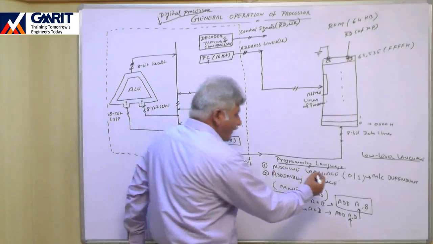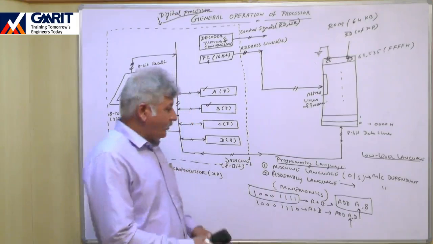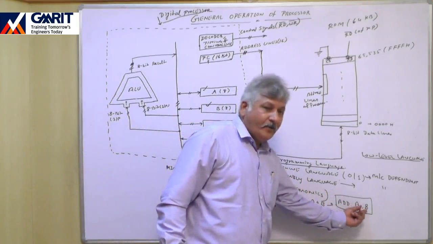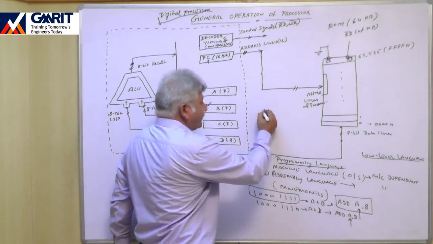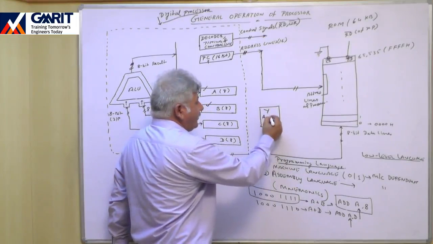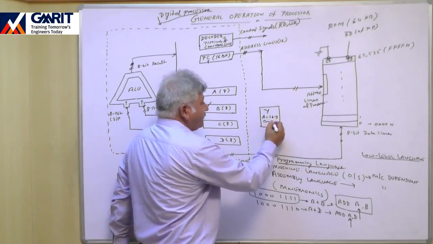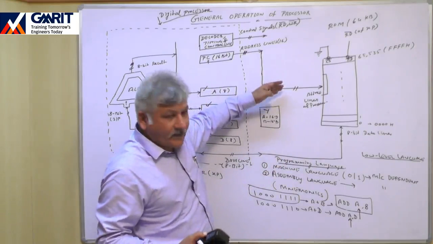So again, this assembly language program is machine dependent, because we have written the instruction add A, B. Now if we write the same instruction for another processor, suppose there is another processor Y, in which the A register is 16 bit and B is 16 bit, or there may be some other registers.